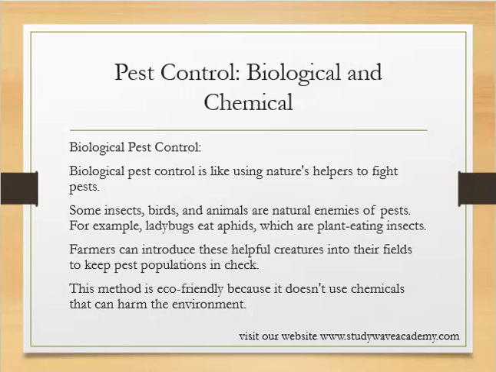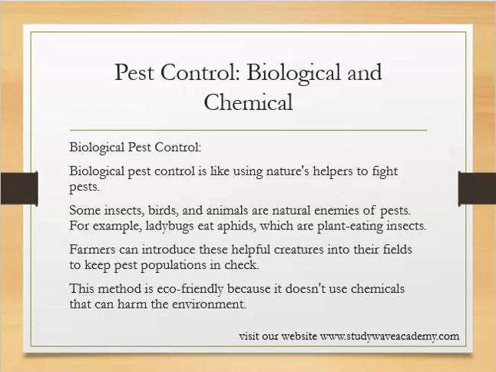Pest control, we have the biological way and the chemical way. The biological pest control is like using nature's help to fight the pest. Some insects, birds, and animals are natural enemies of pests. For example, ladybugs eating aphids, which are plant-eating insects.